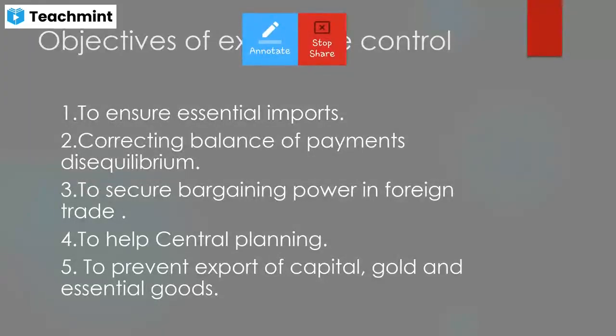Imports will increase. That is why the government tries to check exchange transactions. That is the main point, to ensure essential imports. Only essential imports should be permitted, and unnecessary imports must be curtailed.